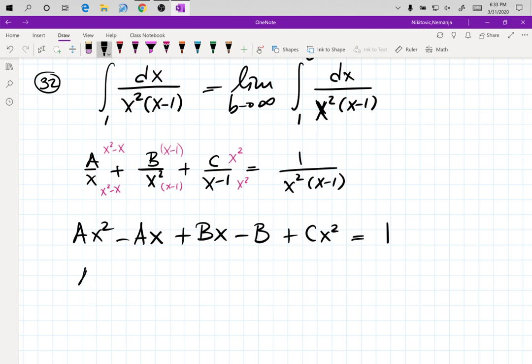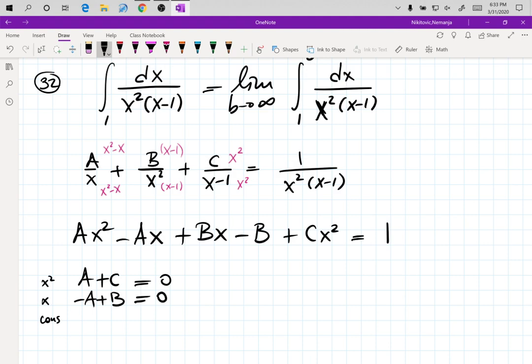So you have your a plus c. Let me write that: these are x squares, these are x's, and these are constants, right? So a plus c for x squares is equal to 0. There is no x squared on the right-hand side. Then we have negative a plus b equals 0. Those are the x's.